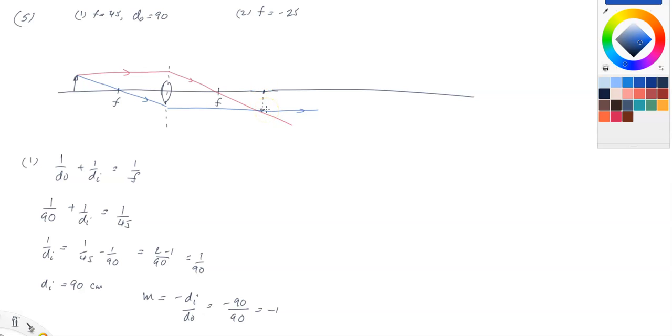Okay. The second lens of focal length negative 25 centimeters is placed 80 centimeters, let me change this to 100 centimeters, behind the first.